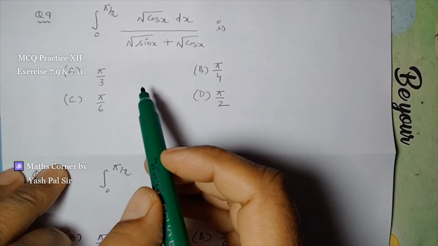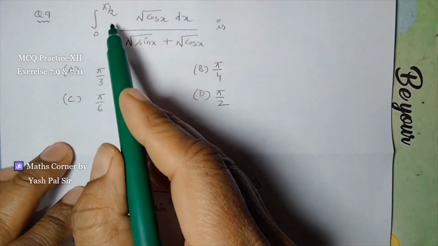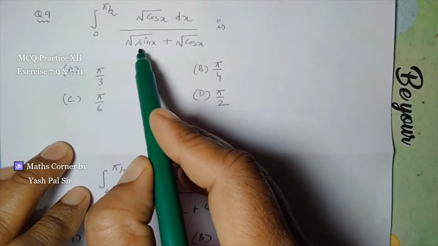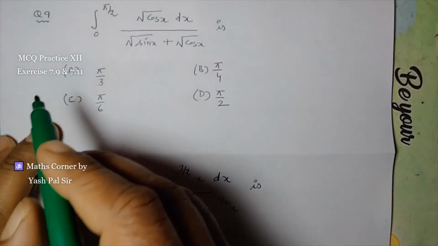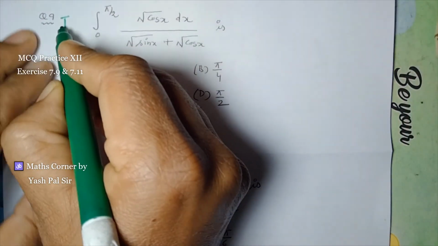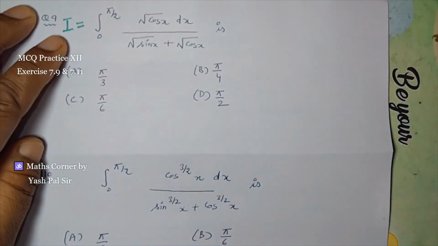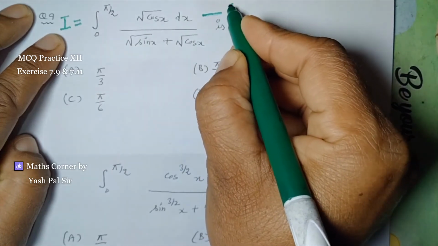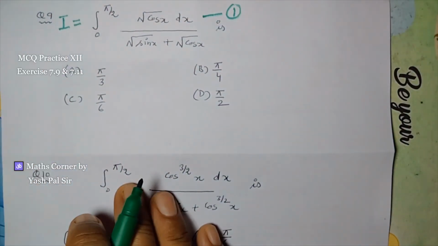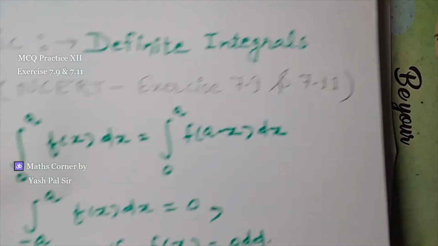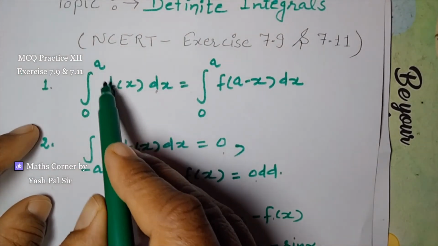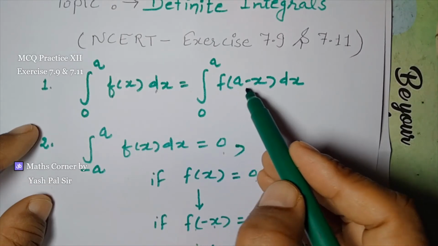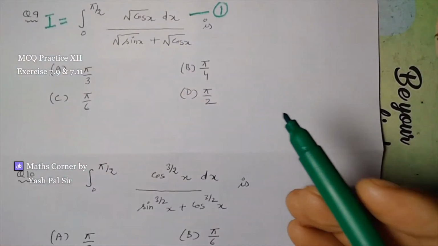Now we come to question number 9. Integral 0 to pi by 2 of square root of cos x upon square root of sin x plus square root of cos x. Again we take this integral as I equal to this, and suppose this is equation number 1. We again apply the same property, integral 0 to a of f of x dx is equal to integral 0 to a of f of a minus x into dx.